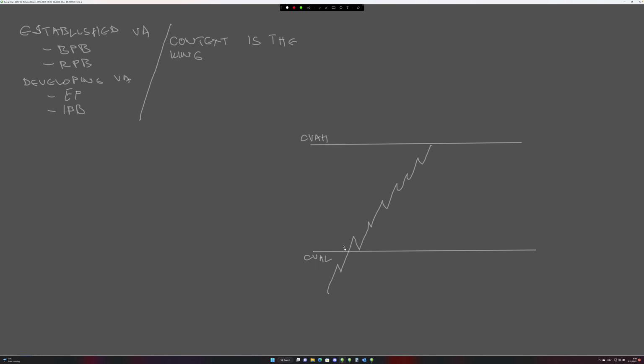So this is a return pullback setup here, right? Let's make these setups green. Right here is the entry for the return.